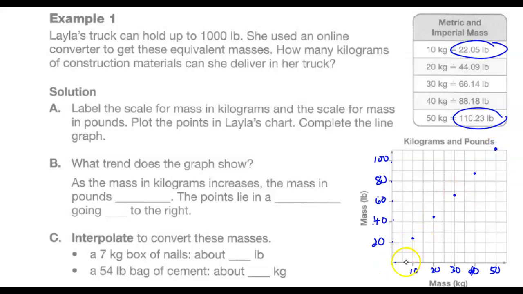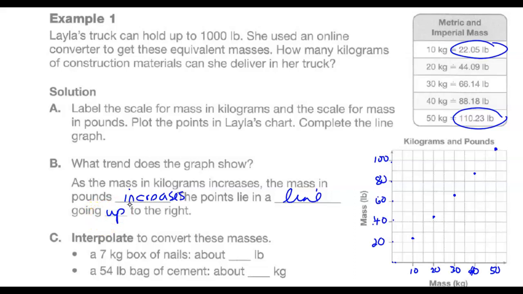So you'll notice they form a straight line. So what trend does the graph show? As the mass in kilograms increases, the mass in pounds increases. The points lie in a line going up and to the right.